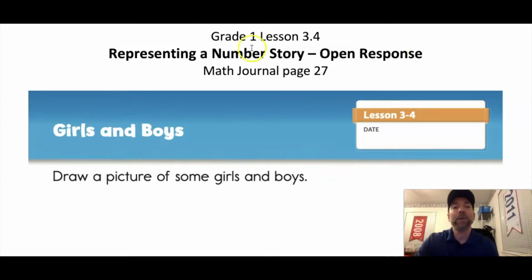So you are going to want to get your math journal and open up to page number 27. At the top of page 27, it has the words girls and boys. If you're not on page 27 yet, hit that pause button on this video so that you can get there.